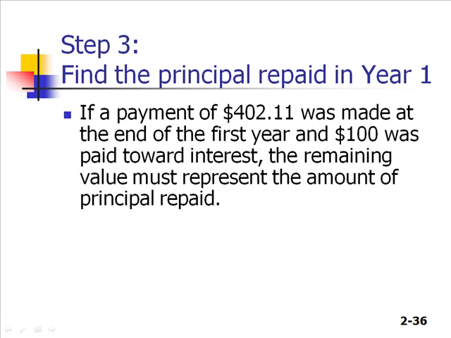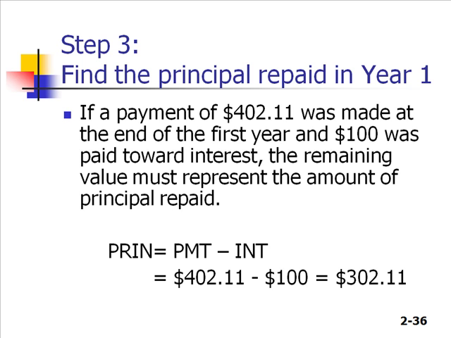The next step is to find how much principal you repaid on the loan. Well, that's not too hard either. If your payment was $402.11 and you paid off $100 in interest with that, how much was left to go toward principal? I guess that would be $402.11 minus $100, or $302.11.